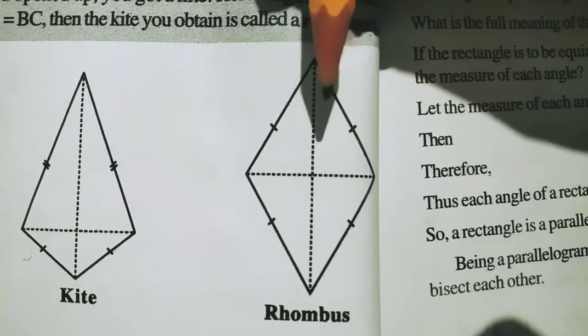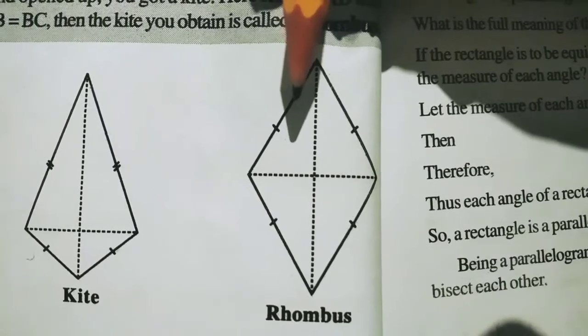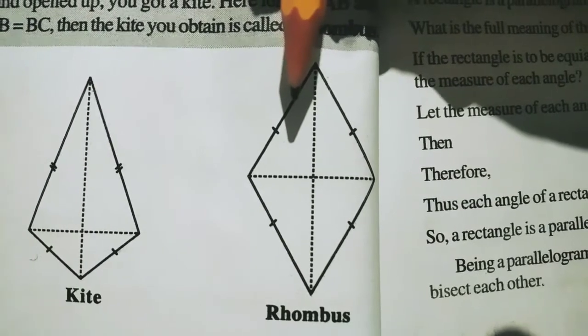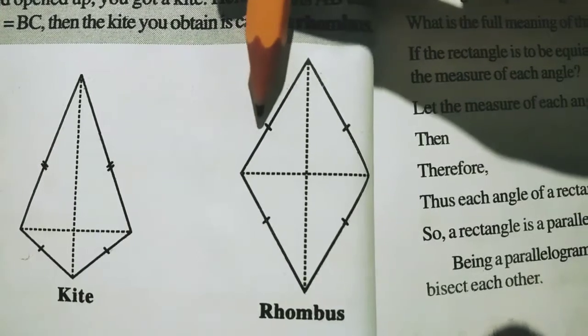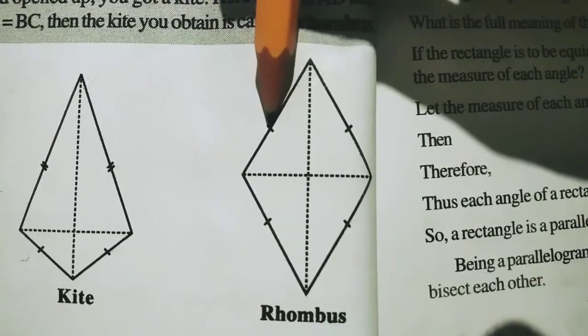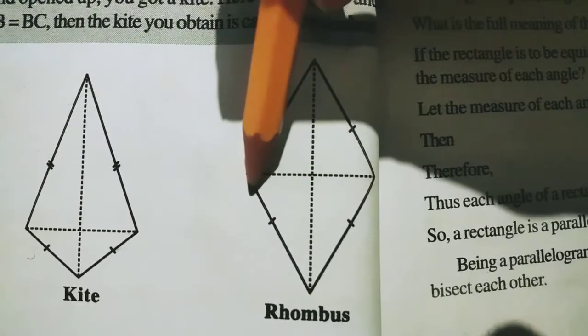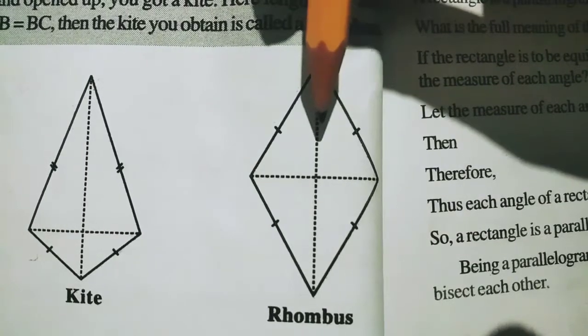I told you at the start of parallelogram that a parallelogram is like a rectangle, a slanting rectangle. Here a rhombus is also like a square, because in a square all the sides are equal. Here also the rhombus has all sides equal, but it is a slanting square.